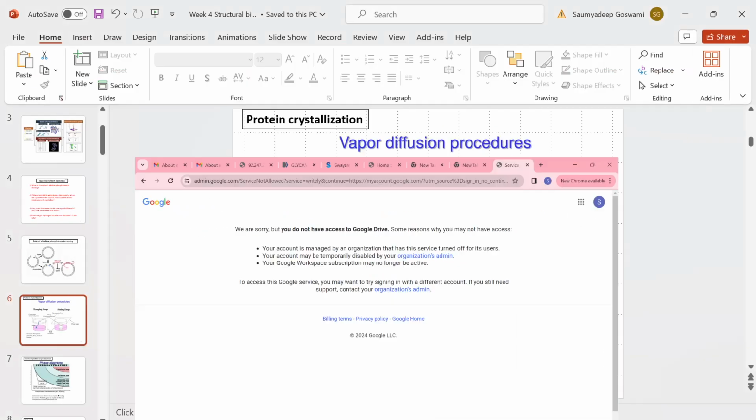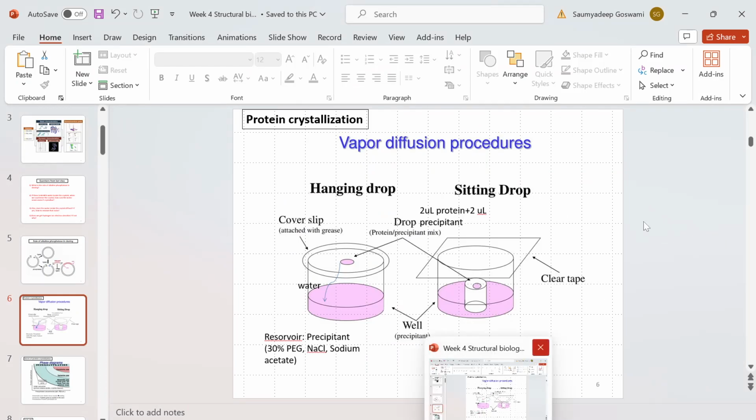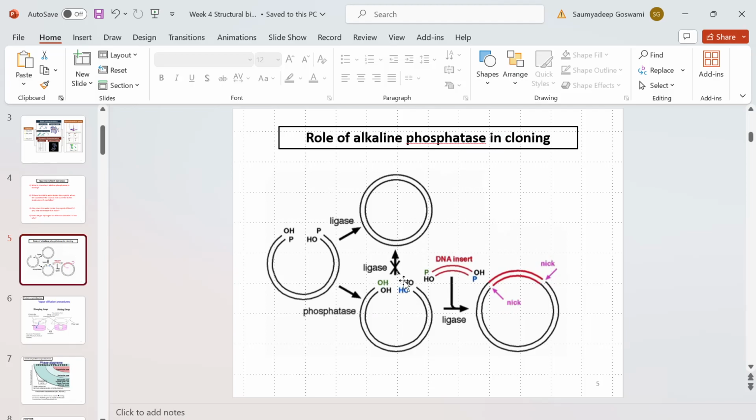Yes, that is a valid point, Fancy. But what will happen is, if you remember my last class, how will you screen your colonies? You can screen them by transforming into a bacteria. Then you will grow that bacteria in an antibiotic plate, right? With the help of an antibiotic selection marker, right?